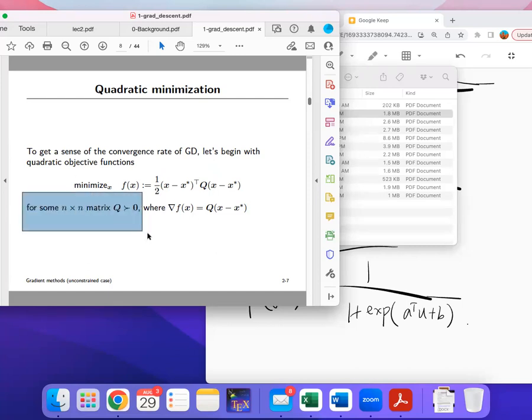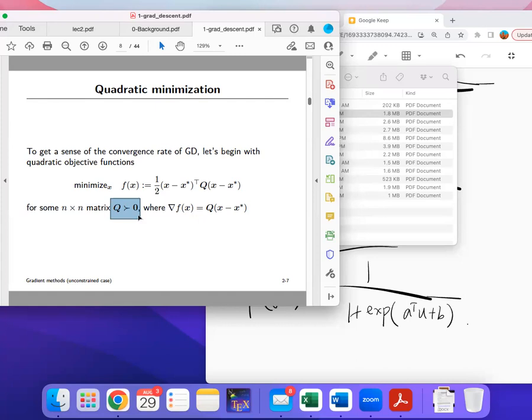We are talking about this type of quadratic functions with a positive definite matrix Q. Positive definite means that the eigenvalues, or singular values, are all positive.